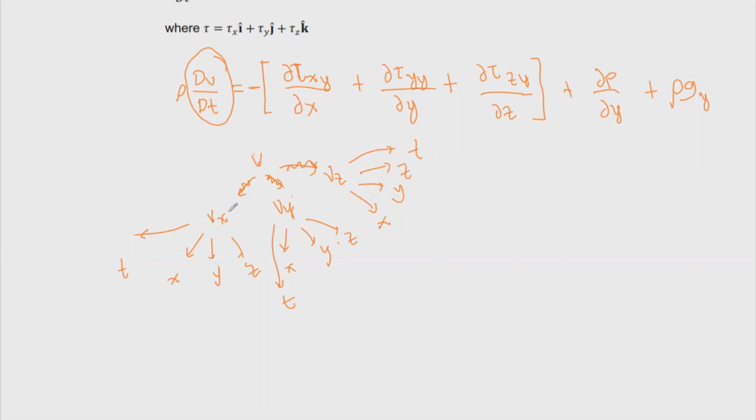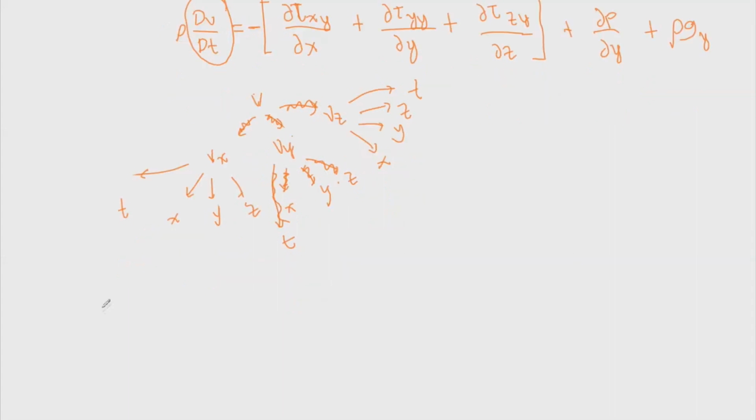The movement is going to x, y, and z, so we just add that, and then we move towards the x, y, and z direction, and then of course for t. Therefore, this dv over dt, which is the total differential of the velocity with respect to time, is simply equal to the change in the partial velocity of y, or v sub y, with respect to t. So that's how it happened here.